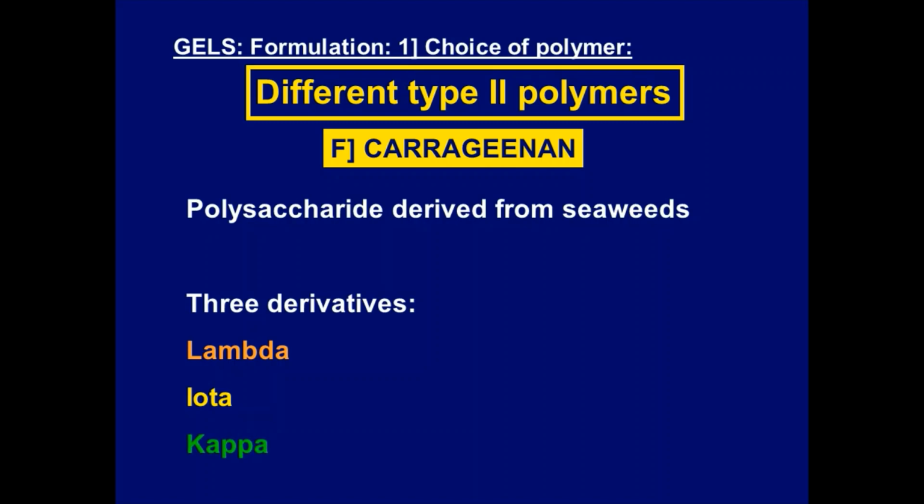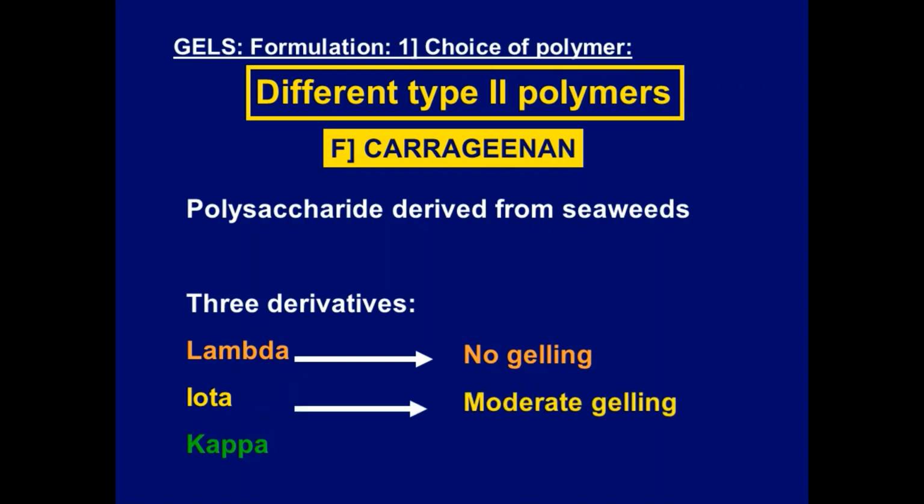They are different in their gelling properties. Lambda carrageenan has no gelling properties, so if you need to buy carrageenan to use it in gel preparation, never buy lambda carrageenan. Iota carrageenan is of moderate gelling properties, and kappa carrageenan is of excellent gelling properties.